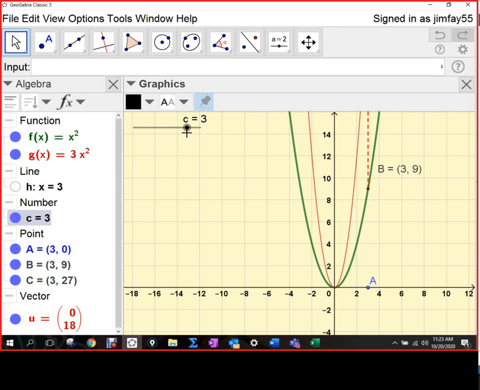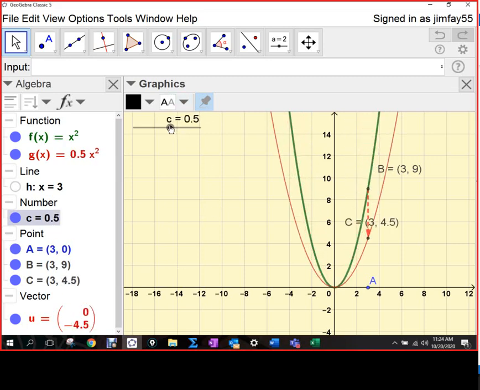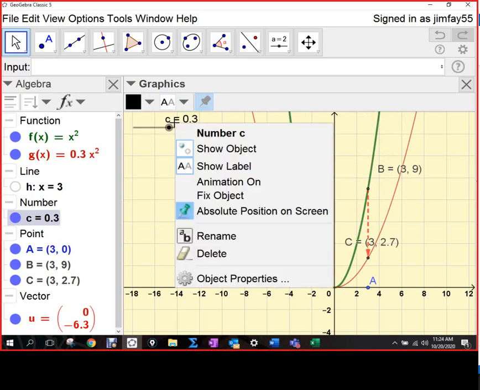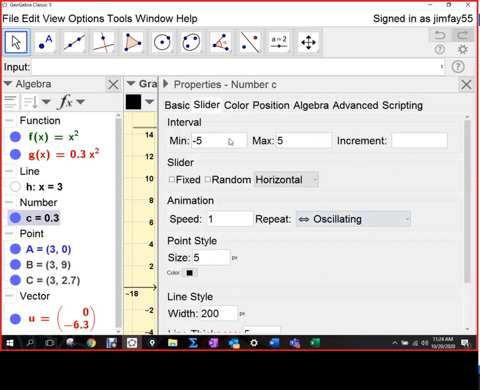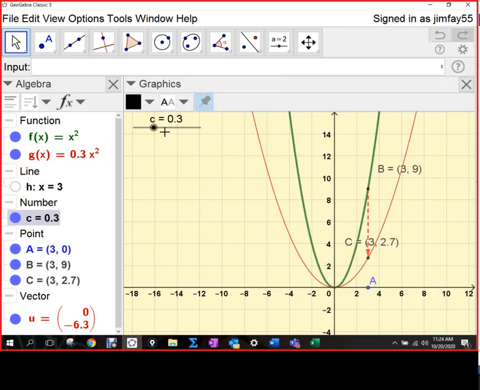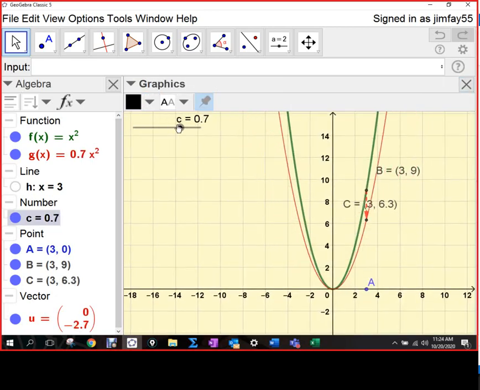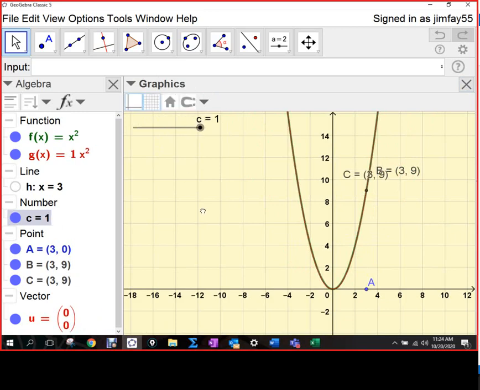So when you multiply a number by something, it grows. When you divide, it shrinks. Okay? And when we say we divide, essentially we're going to multiply, but we're going to multiply by a number between 0 and 1. So if I make my c value something between 0 and 1, okay, so there's the parent function.